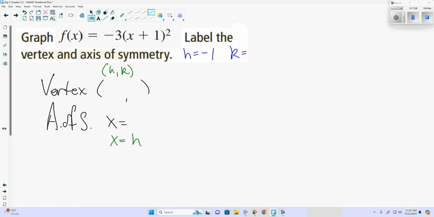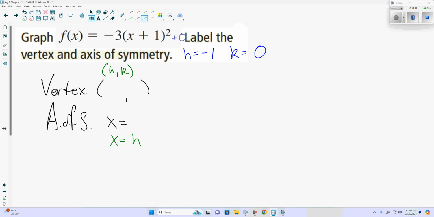Now the question is, what's k? It is indeed 0, because I can add plus 0 there. It still has a value. Conversely, if it's just x squared, we don't have parentheses, it means the h value is 0.